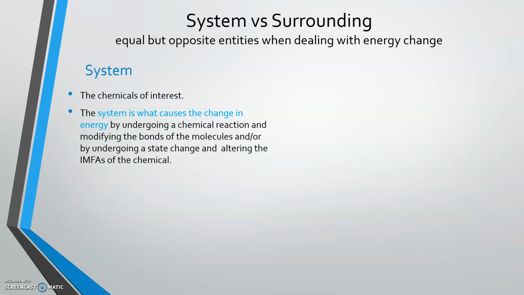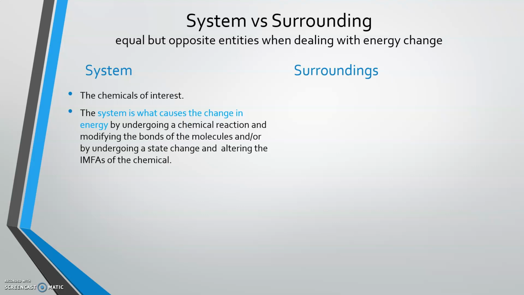The system is what causes the change in energy. So it either undergoes a chemical reaction, so it modifies its covalent bonds, for example, or it undergoes a state change and modifies its IMFAs that are holding that substance together. But no matter what, the system is what causes the change in energy, because the system has bonds that are being broken or formed or whatever it is that's going on.